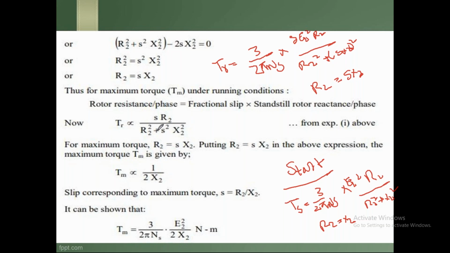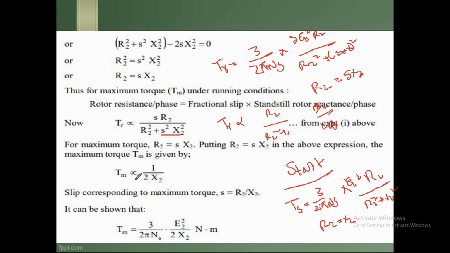Now, instead of SX2, just substitute R2. T is directly proportional to R2 divided by R2 square plus R2 square. So you will get 2 R2 square, R2 divided by 2 R2 square. One R2 gets cancelled.